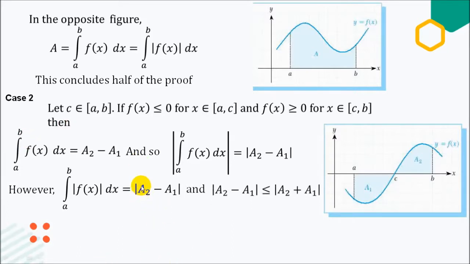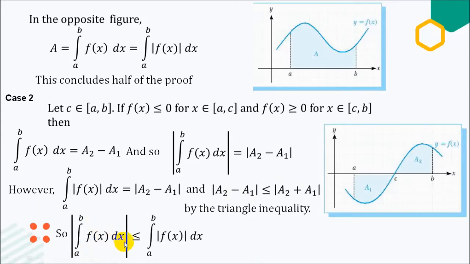And of course, the absolute value of A2 minus A1 is less than or equal to A2 plus A1, right? Because this is the difference and this is the sum. So from this, by the triangle inequality, we can get that the absolute value of the integral of f(x) dx is less than or equal to the integral of the absolute value of f(x) dx from a until b.